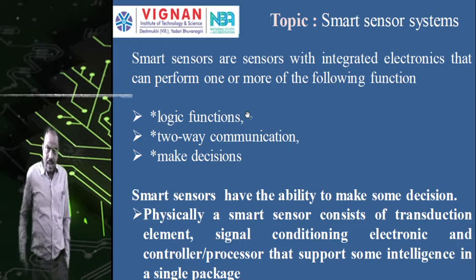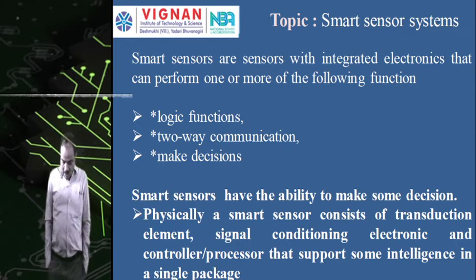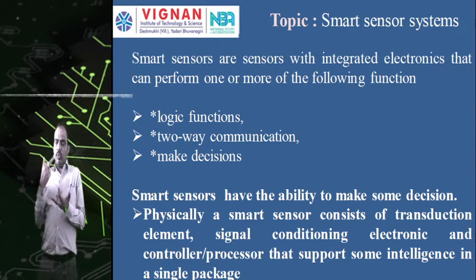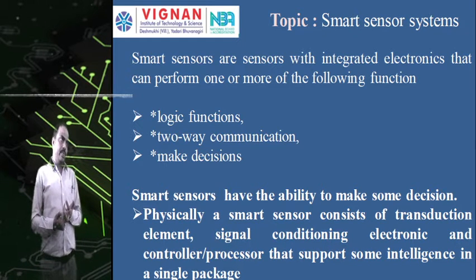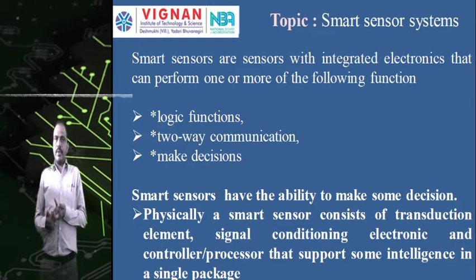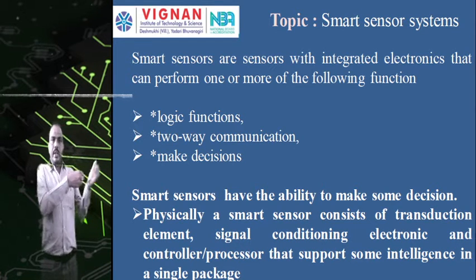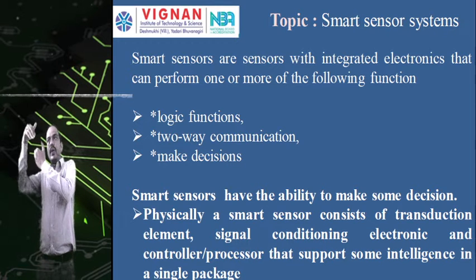So these are the sensors with integrated electronics that can perform one or more of the following functions. They can perform some logical functions. Logical means either 0 or 1, yes or no, turning on, off. Functions like that can be performed by smart sensors. They can provide two-way communication: not only sensing, they can also provide feedback.